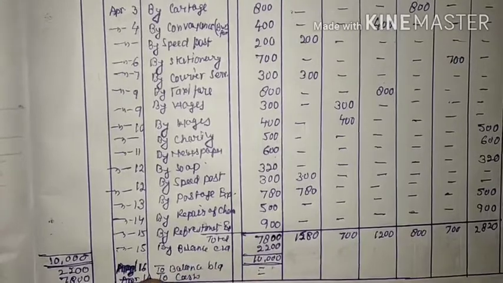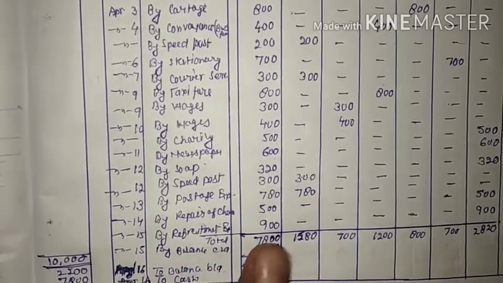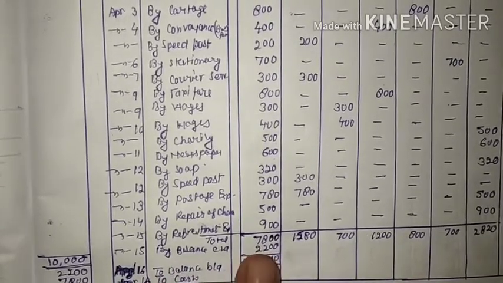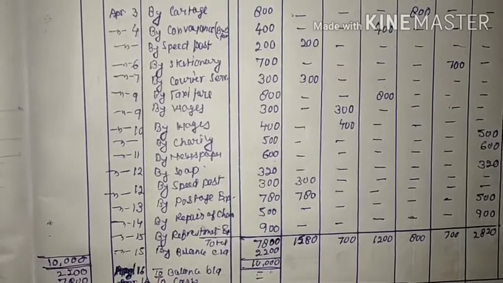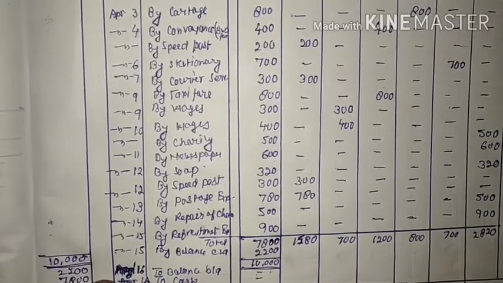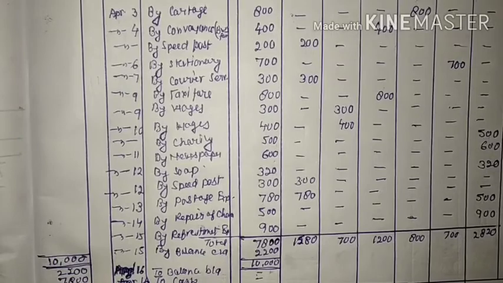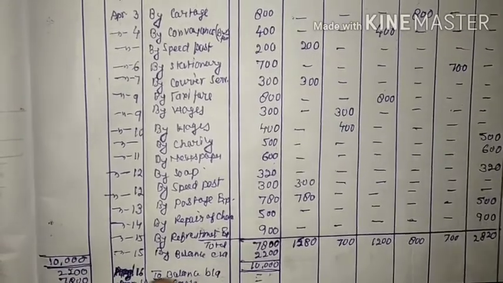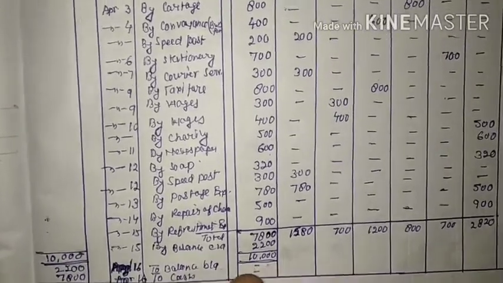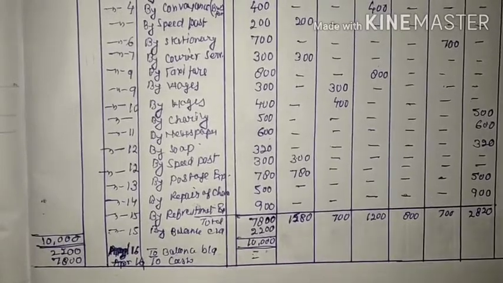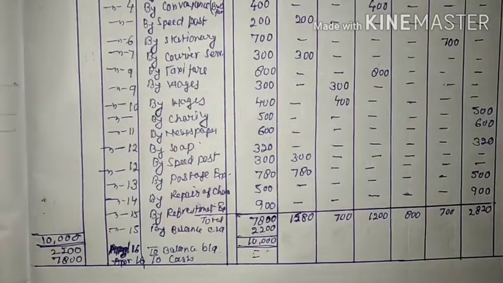And now the amount that was spent by the cashier, he will receive from the main cashier, and his total amount will again become 10,000 rupees. Again he will start paying for the expenses. This has been done for 15 days, that is, fortnightly.